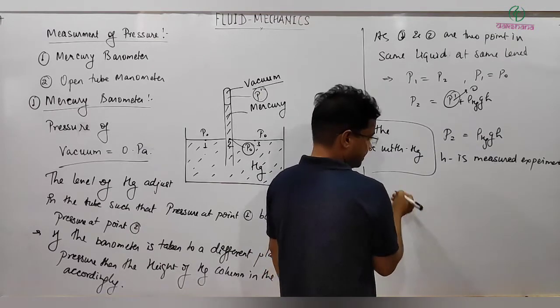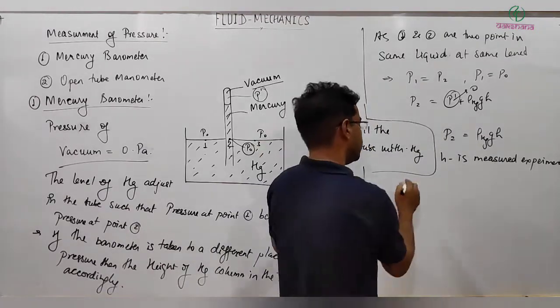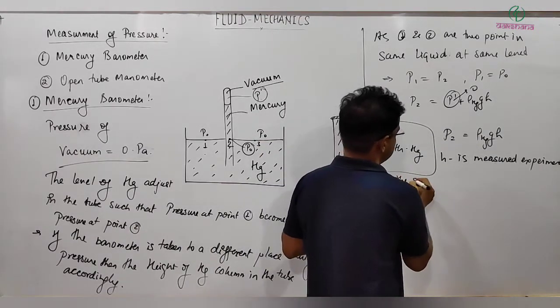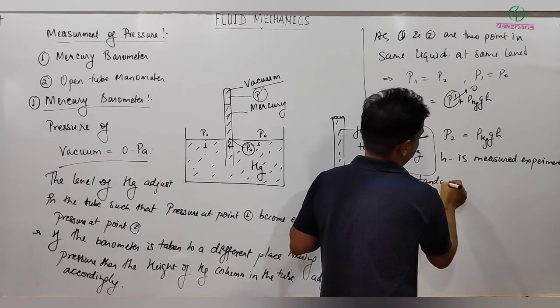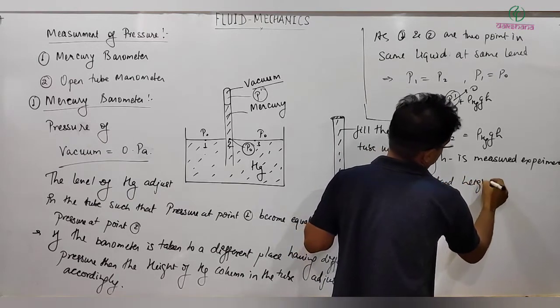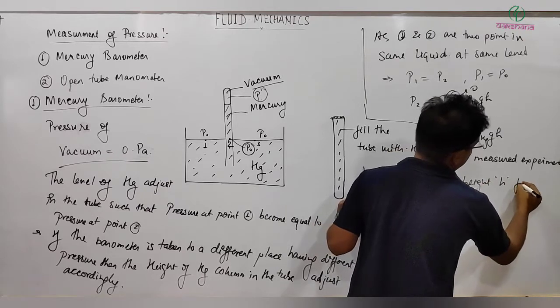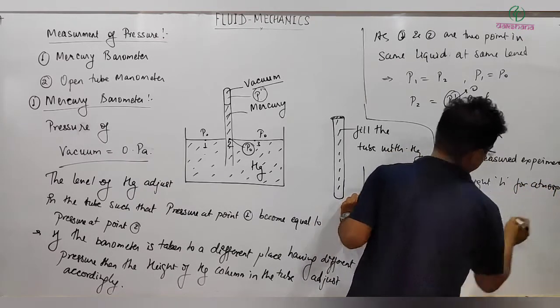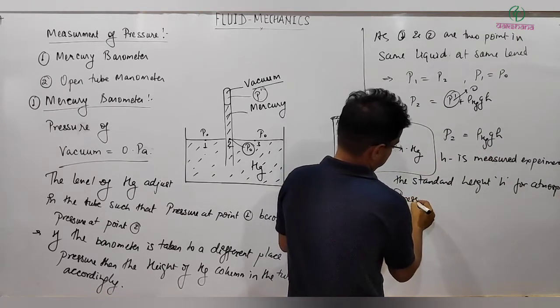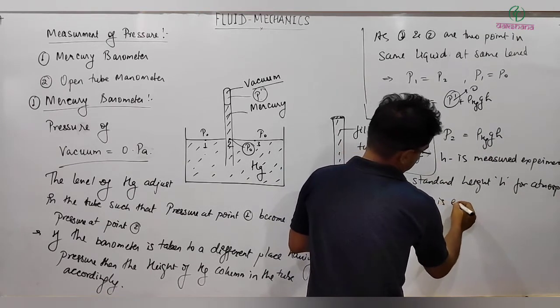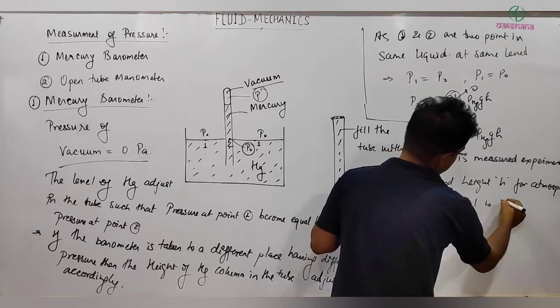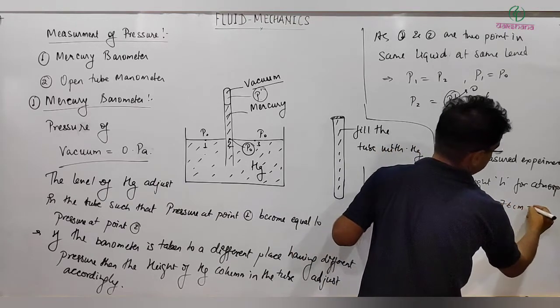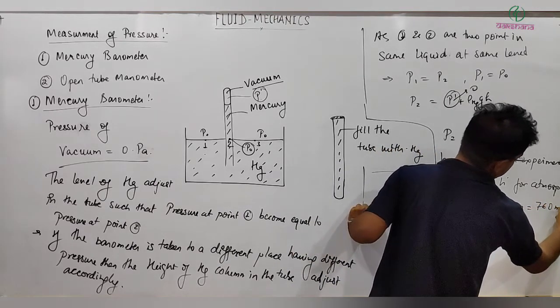Normally, the standard height H for atmospheric pressure is 76 centimeter or 760 mm.